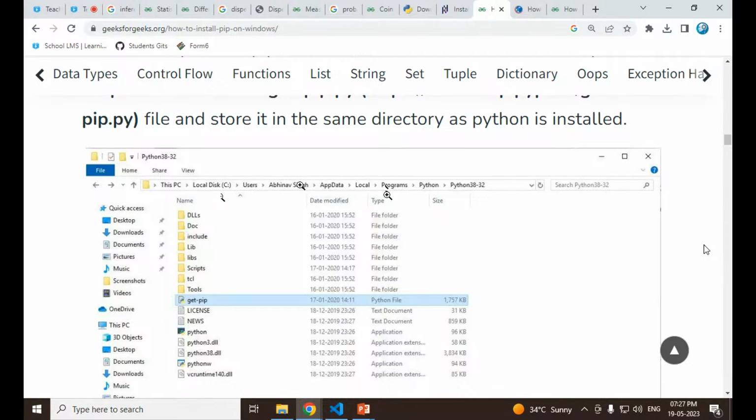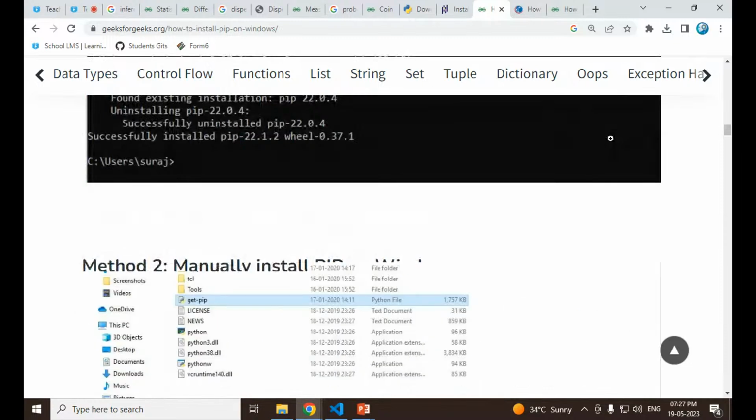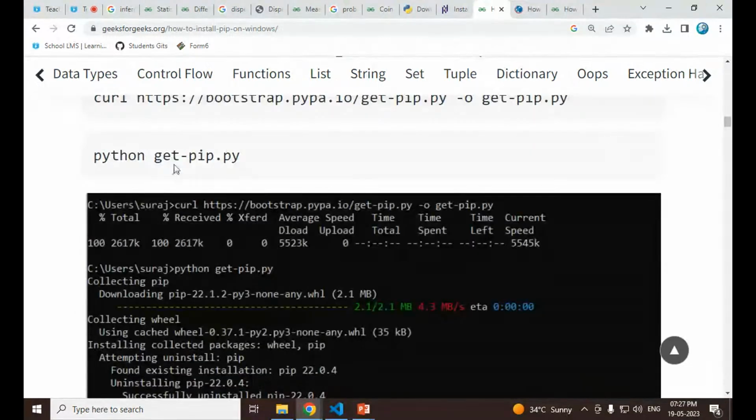Python space get-pip.py. Not slash, it is hyphen: get-pip.py. Enter.